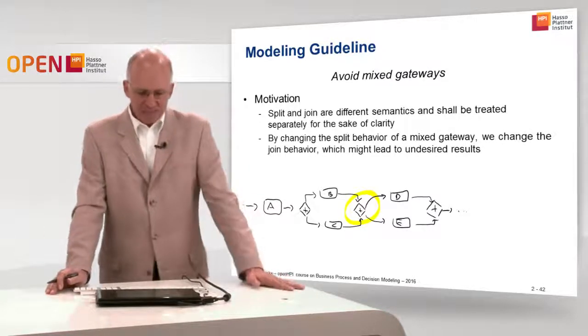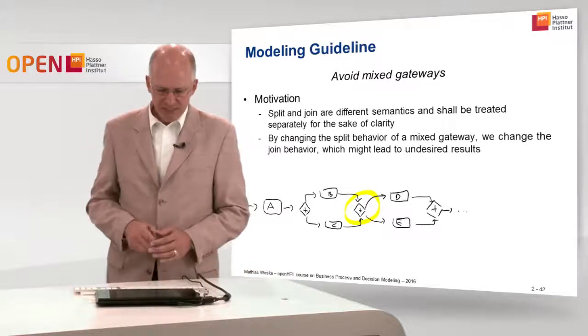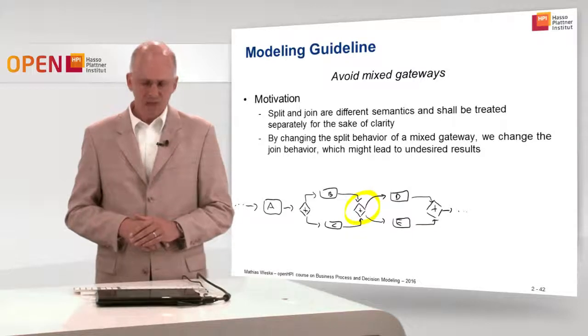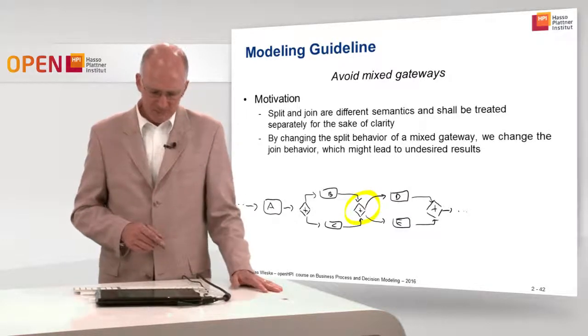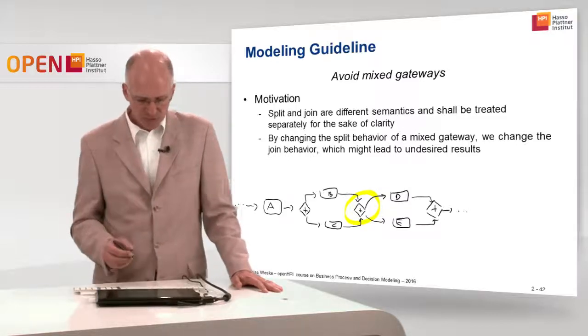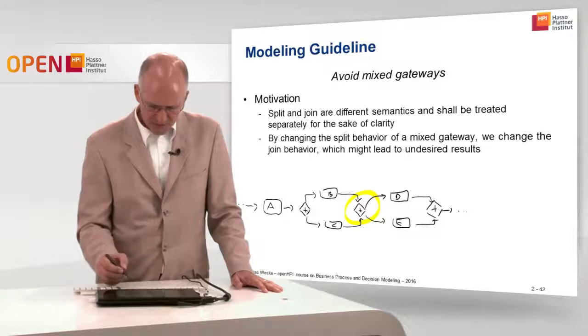Now assume that during the review of the process, we find that D and E should not be executed concurrently, but alternatively, either D or E. Well, we can easily do that. I'll try to use the eraser now to change that.